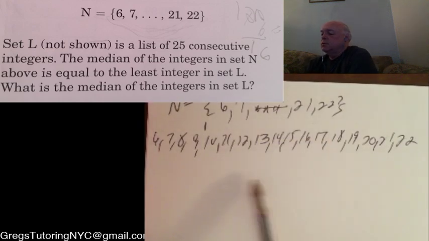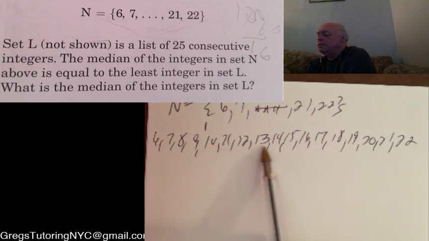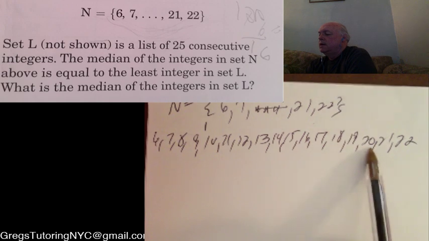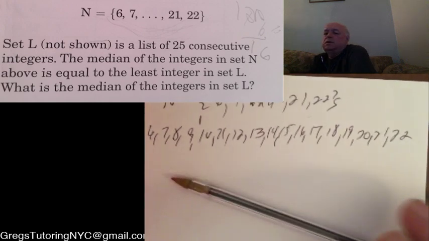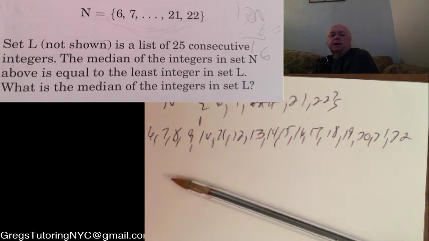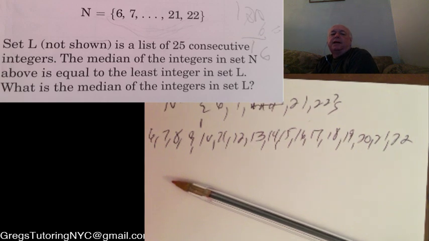All right, so that's all the numbers there. On a problem like this, if you solve it this way, you definitely don't want to miss one of these. Okay, so it says set L, not shown.